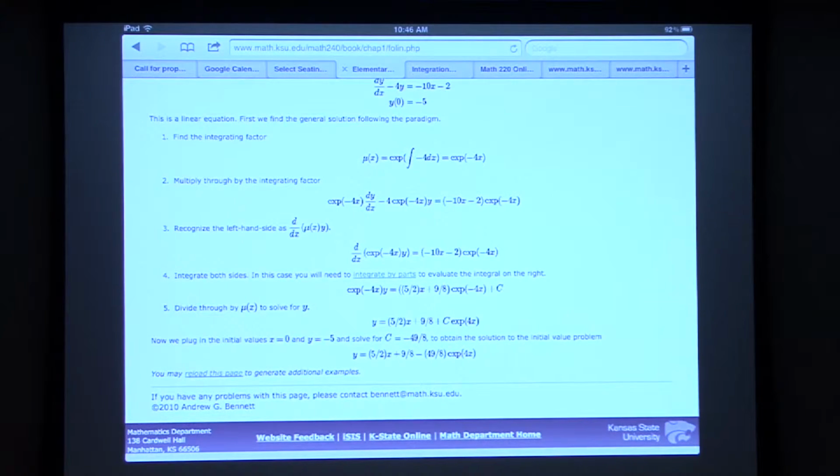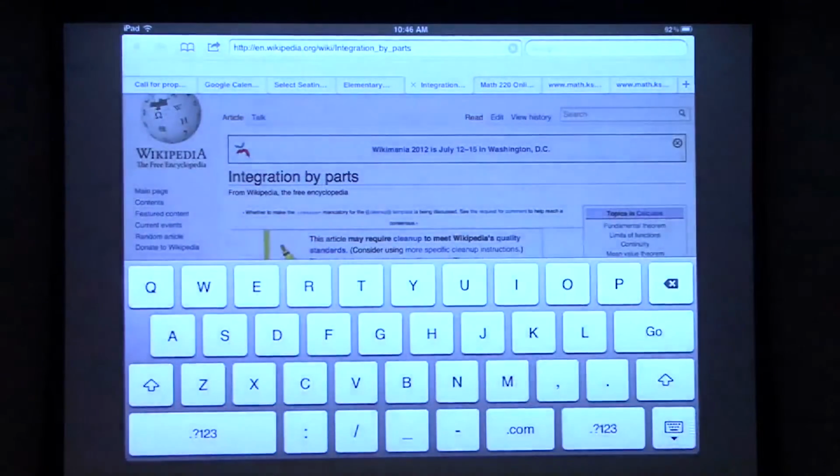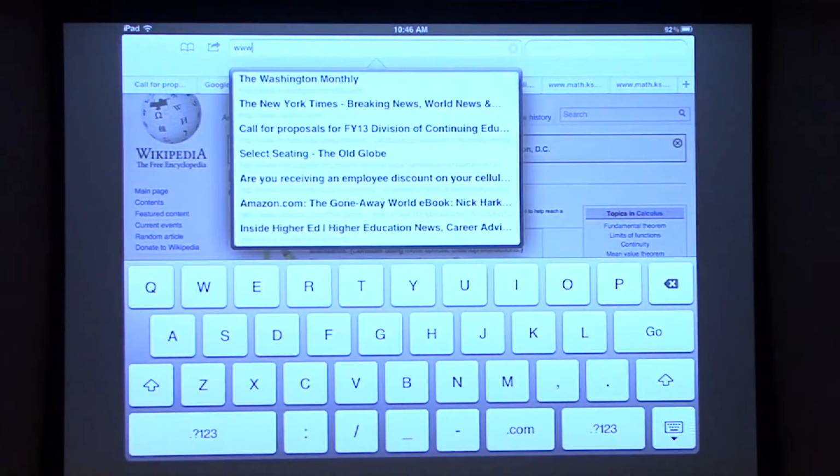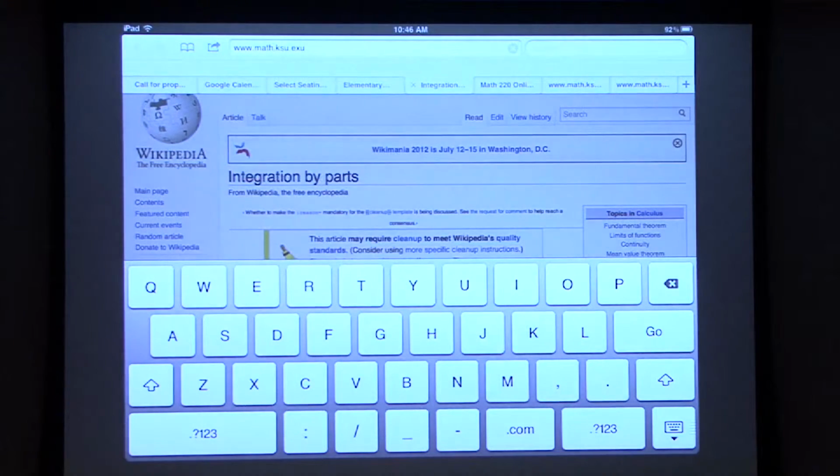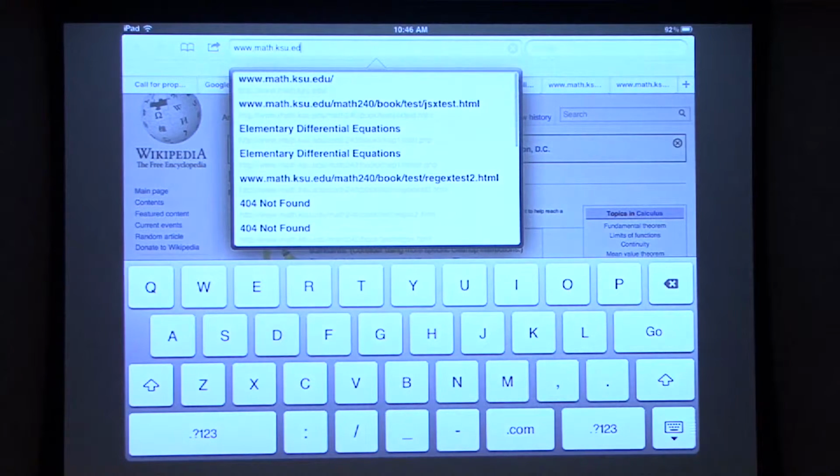We also have some things, this is the page I didn't get, knew there was one I was forgetting to get up. EDU.